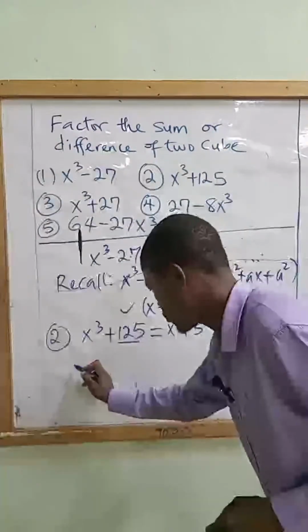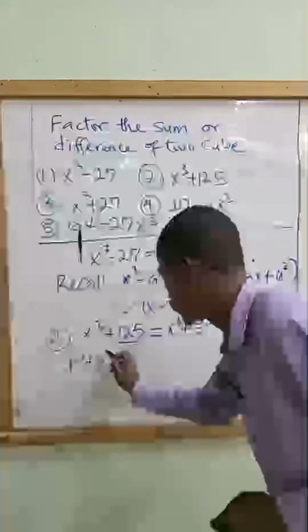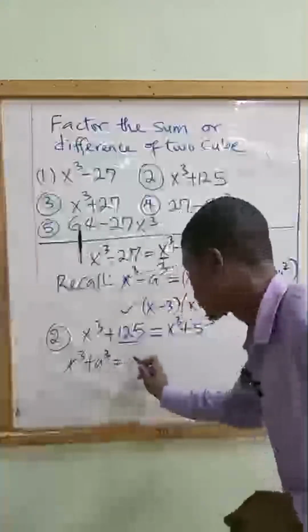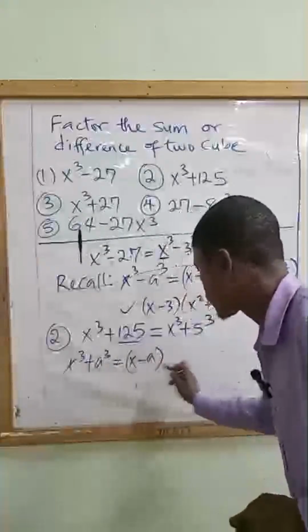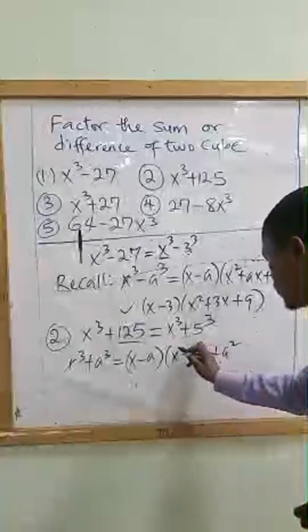And recall, if you have x cubed plus a cubed, it's going to give you x plus a times x squared minus ax plus a squared.